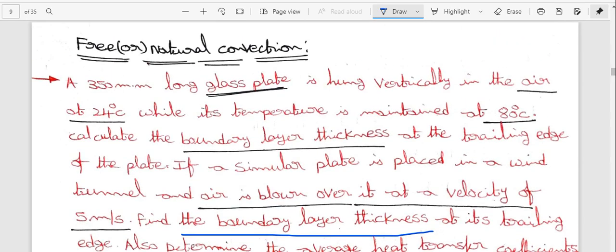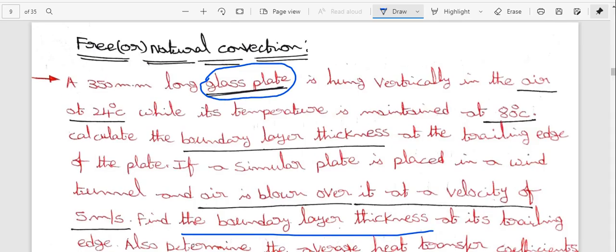So what is the main object? Here glass plate is the material and 350 mm long. So L equal to 350 mm, hung vertically in air at 24 degrees. So T infinity is equal to 24 degrees, while its temperature is maintained at 80 degrees.